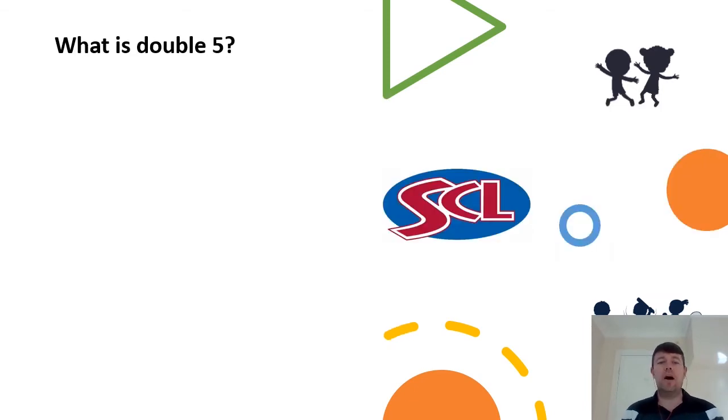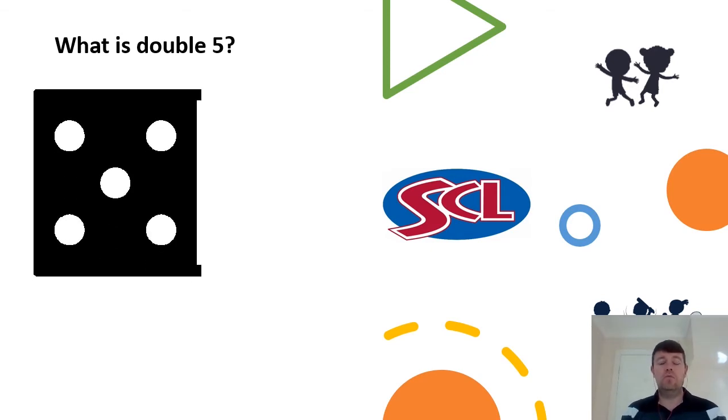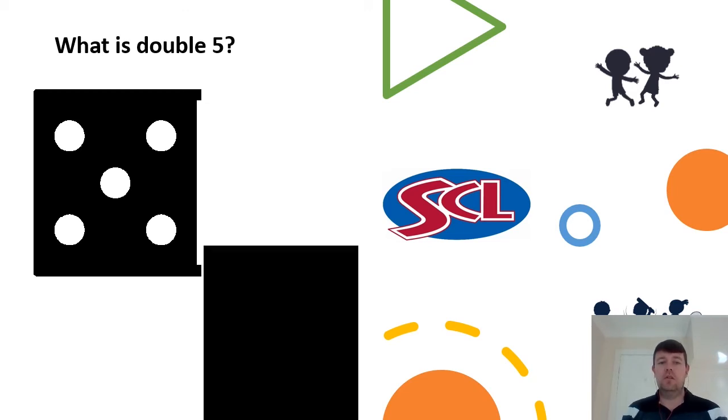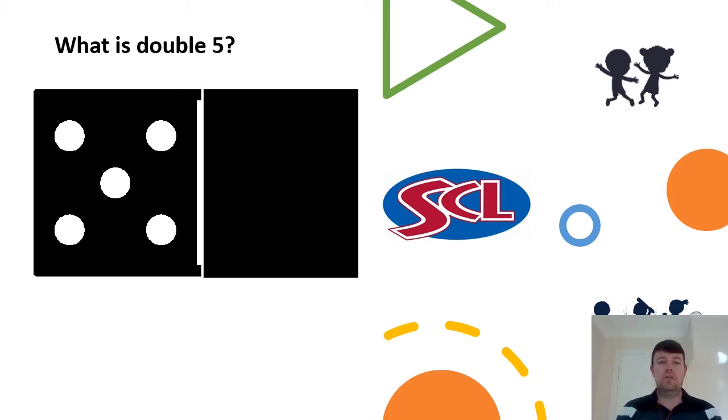So how about double 5? Again, we take one side of our domino and we draw 5 dots. I think you know what's coming now, don't you? So on the other side, draw another 5 dots.